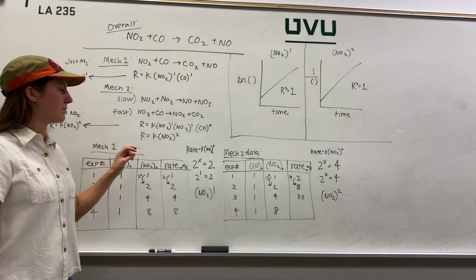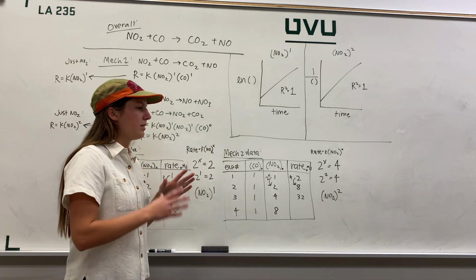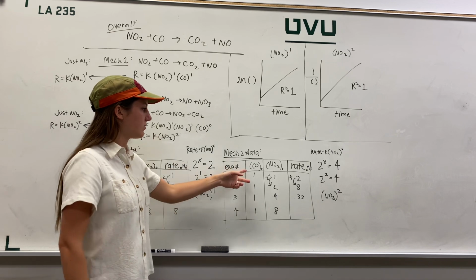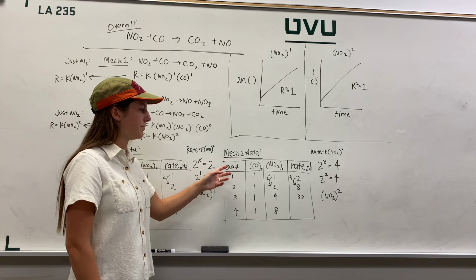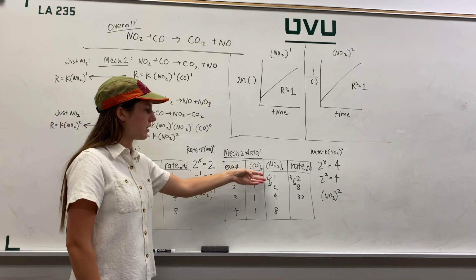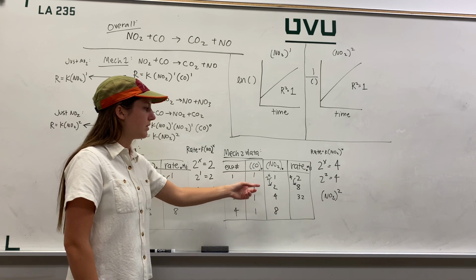So we could run that same experiment where the initial concentration of carbon monoxide is the same each trial, but the initial concentration of nitrogen dioxide changes each trial.